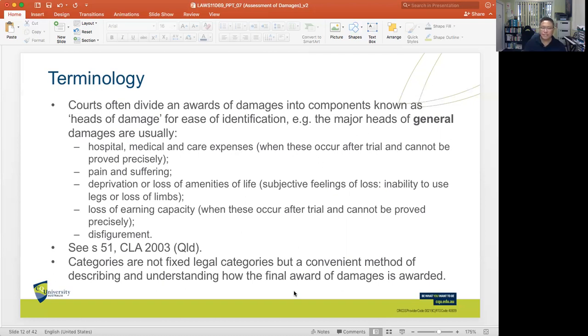What typically happens is, for example, among lawyers, as they try to sort out, if they end up negotiating to try to reach a settlement between their clients, they would attempt to arrive at a figure as to how much pain and suffering should be, the loss of amenities, how much is the loss of earning capacity, and so on. And oftentimes at the end of the day, because you end up with a global award, a lot of these categories become mixed up together.